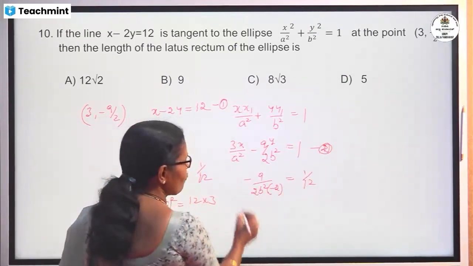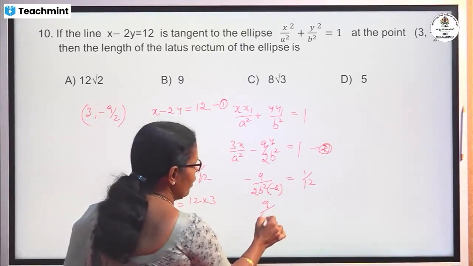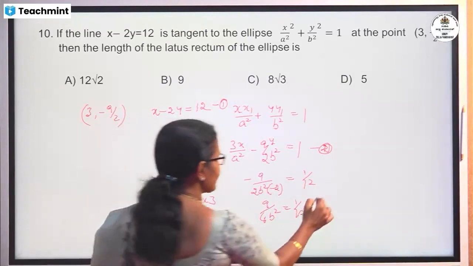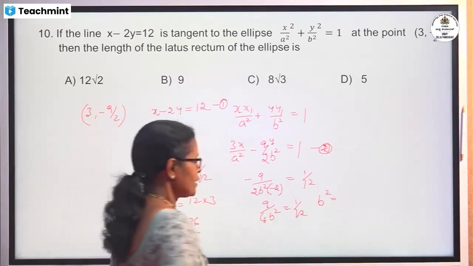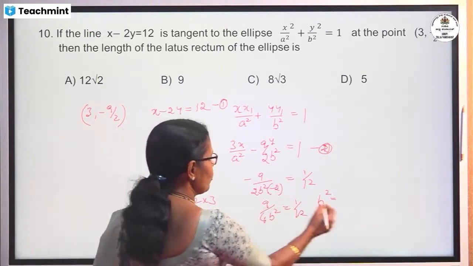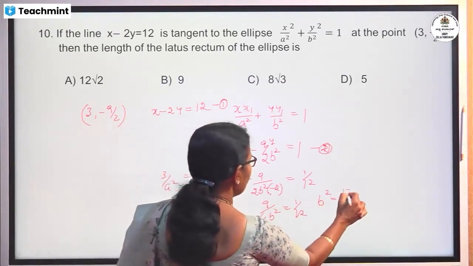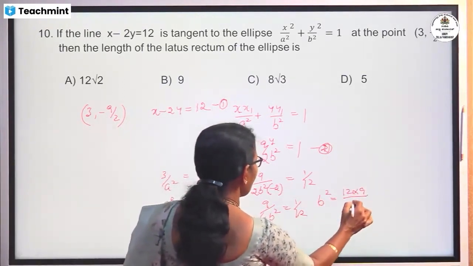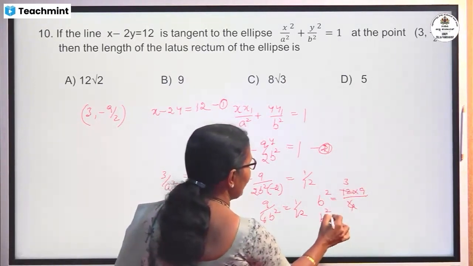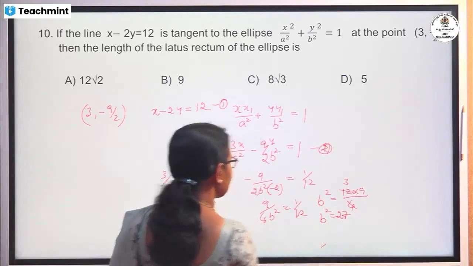Then 9 by 4b square is equal to 1 by 12. Now by cross multiplication, b square is equal to 12 into 9 divided by 4. Now 4 threes are 12, so b square is equal to 27.